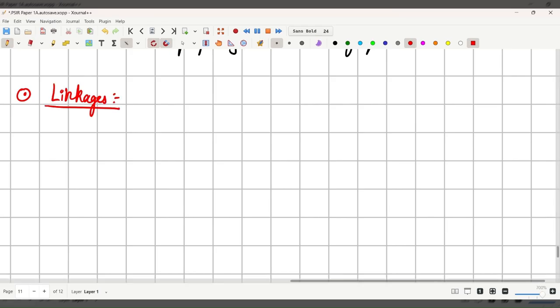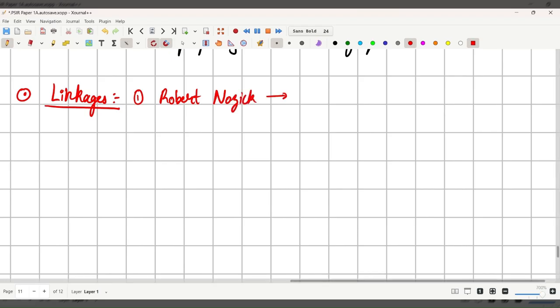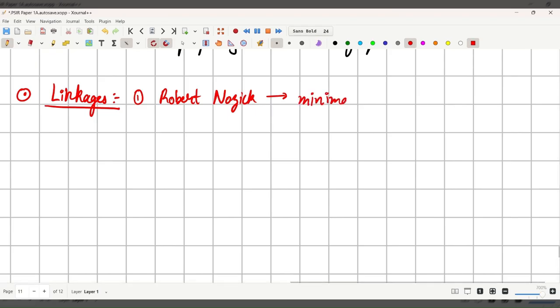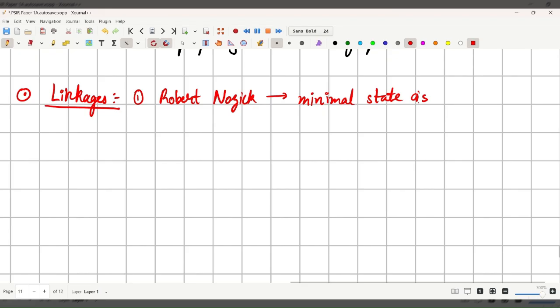So first is Robert Nozick, who believes that the minimal state is inspiring and right.